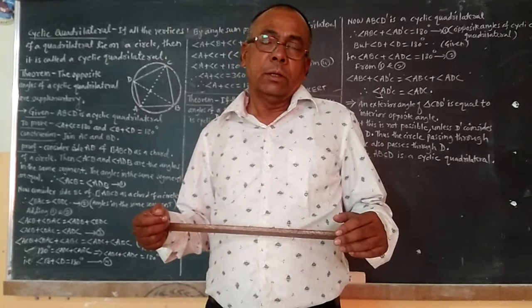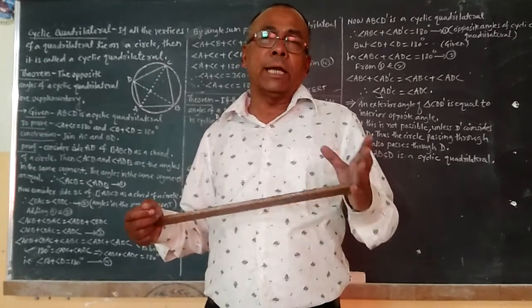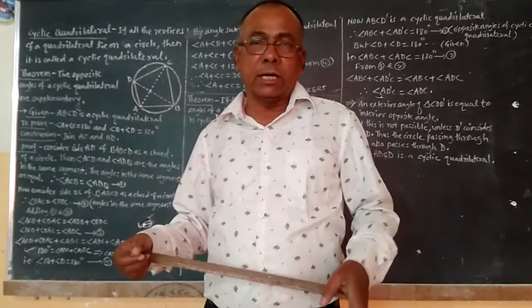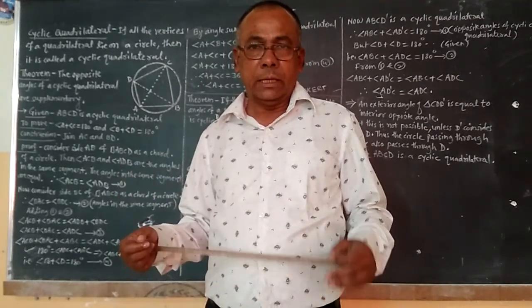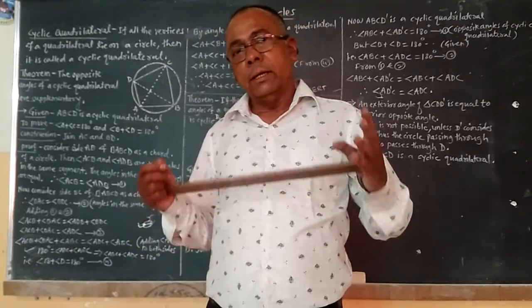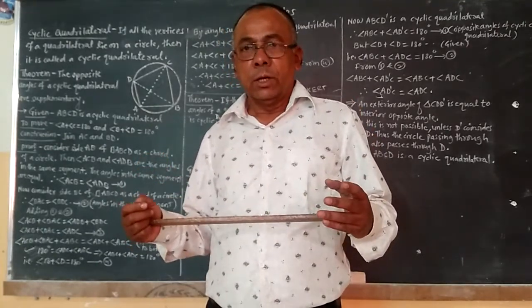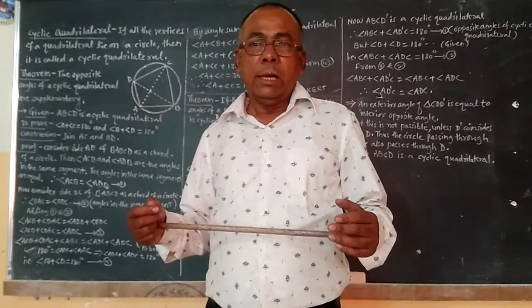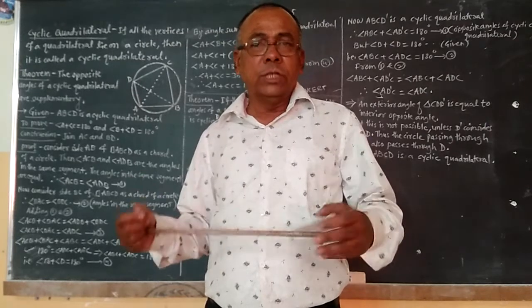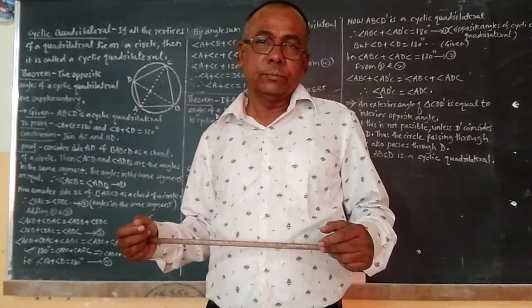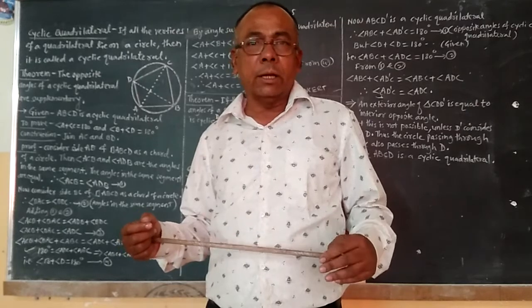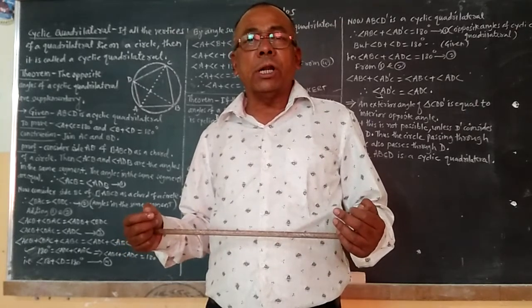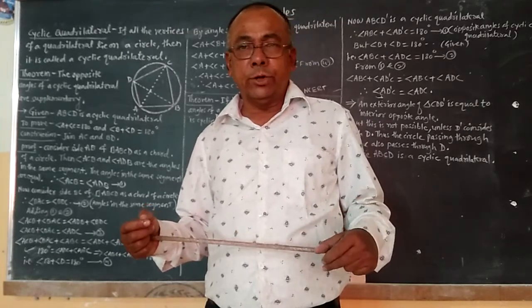If all the four vertices of any quadrilateral lie on the circle, then such a quadrilateral is called a cyclic quadrilateral.